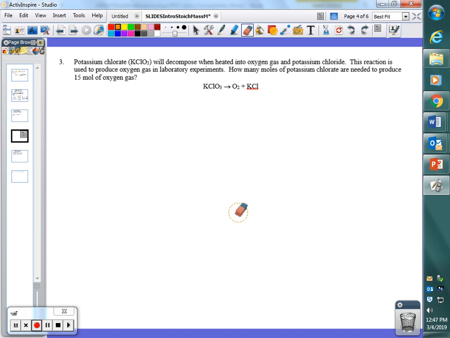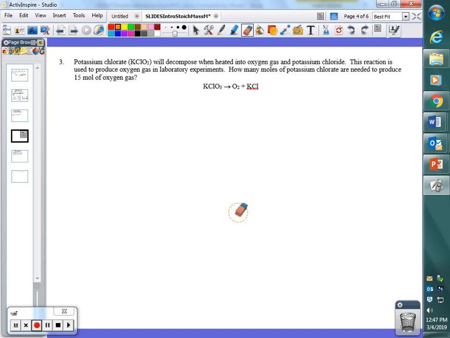So here's the equation that represents that decomposition reaction, right? We start off with one kind of big compound, and it breaks into smaller parts, okay? It says we can use this reaction to produce oxygen gas for laboratory experiments.